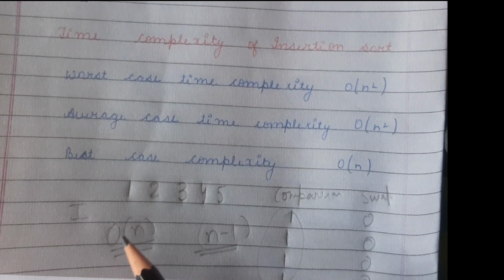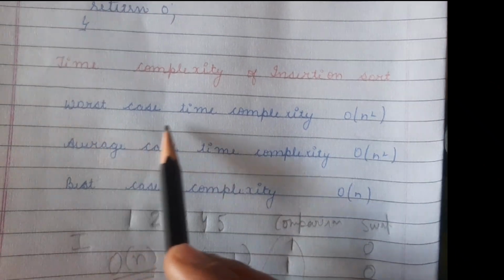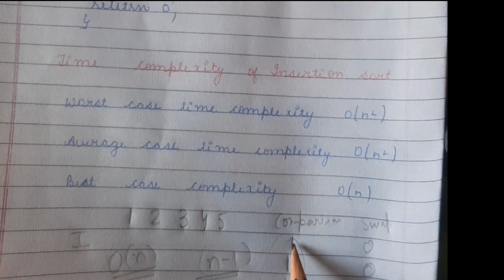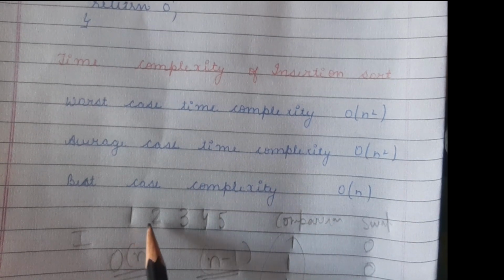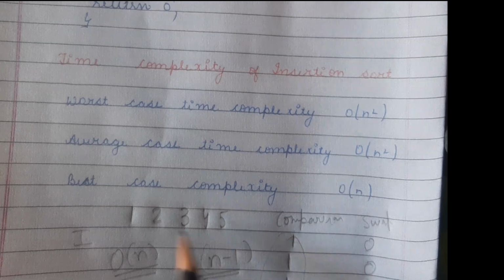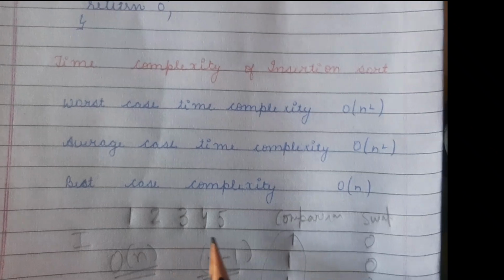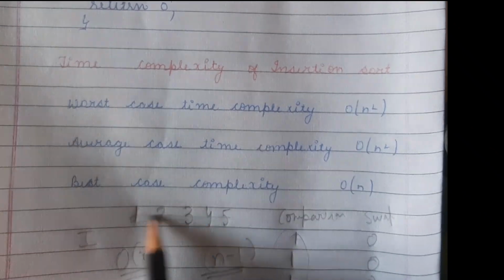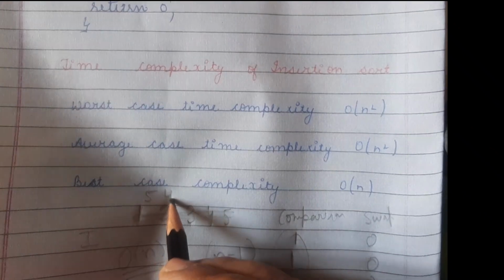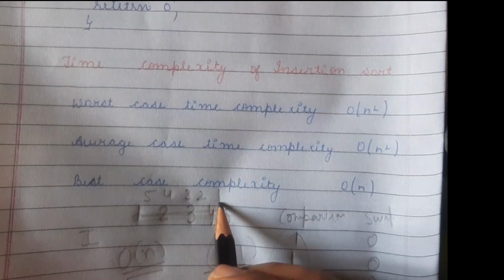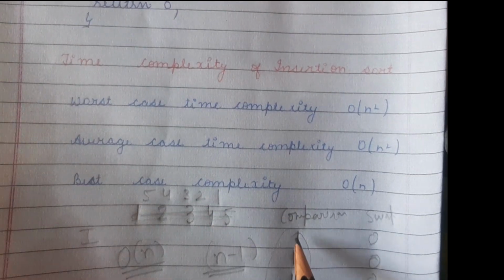In a similar way, let's discuss the worst case complexity. In the worst case, the elements are in an unsorted list, so here the elements are 5 4 3 2 1. In the first iteration, we perform only one comparison.